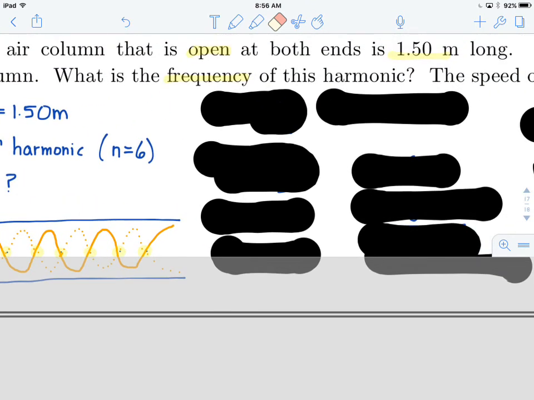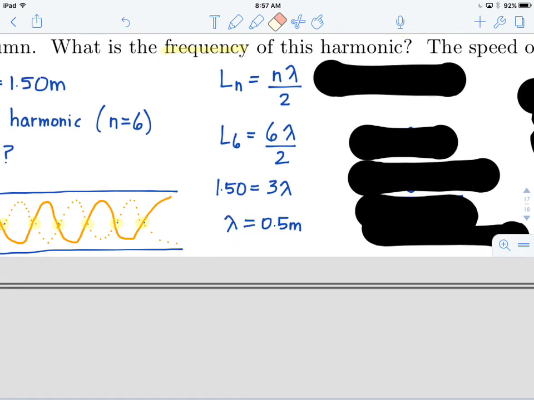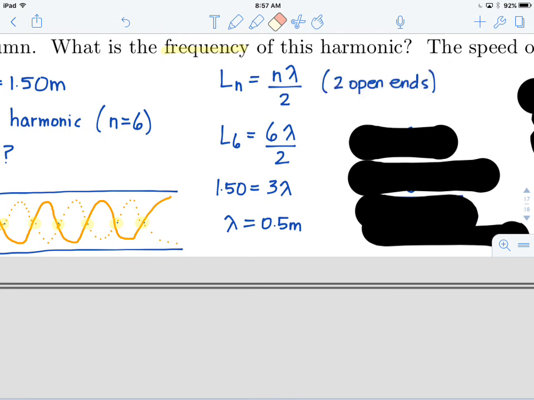Here, we can now continue the problem. Ln is equal to n lambda by 2. We're choosing this because this is the equation that represents a tube that's open at both ends. We know that the tube is in its sixth harmonic, or its sixth resonant length, so L6 is equal to 6 lambda by 2. The length of the tube is 1.5, and when 6 over 2 simplifies, that's 3 lambda, giving us 0.5 meters for lambda.